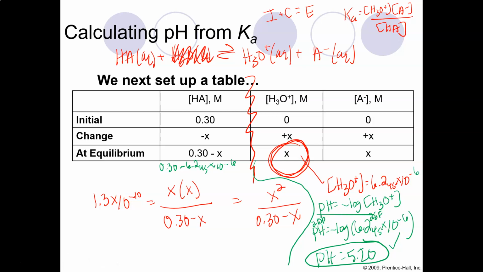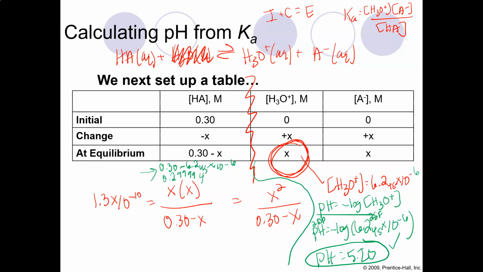Sorry. Okay. What I was saying. If I take this back, 0.30 minus 6.245 times 10 to the negative sixth, what my calculator gives me is 0.299994.